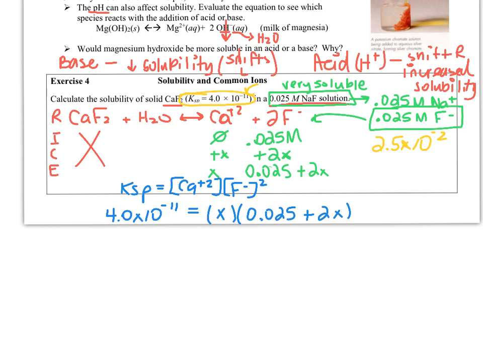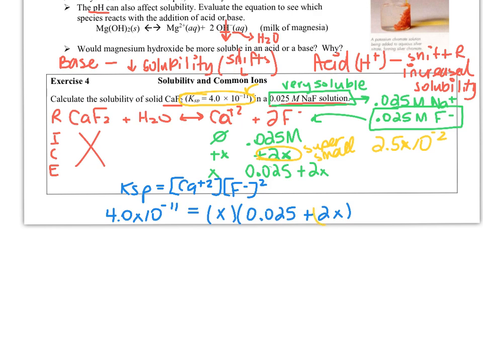So even when I increase by 2X, that increase is going to be super small. So small that it's not going to change 2.5 times 10 to the negative 2. It's not going to change that thousandths place.